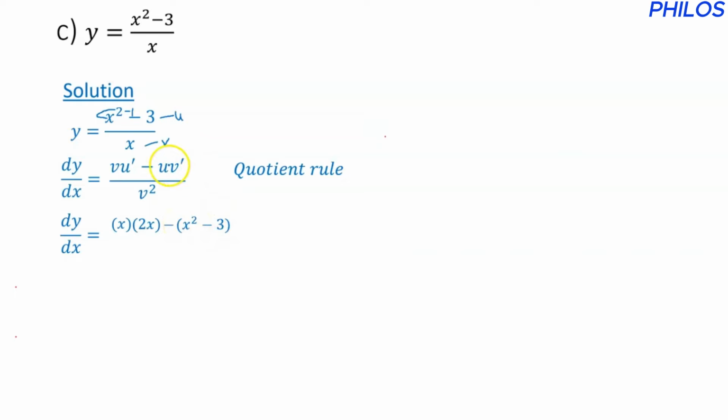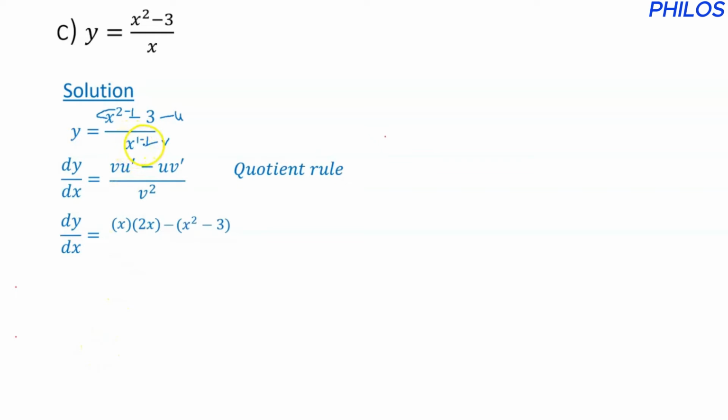Times v prime. V prime means we should differentiate v with respect to x. Now, this variable x has an exponent of 1. Anytime the variable you are differentiating with respect to has an exponent of 1, then the answer has to be 1. The reason is, when you multiply by 1 and subtract 1 from the exponent, 1 minus 1 will give you 0, isn't it?